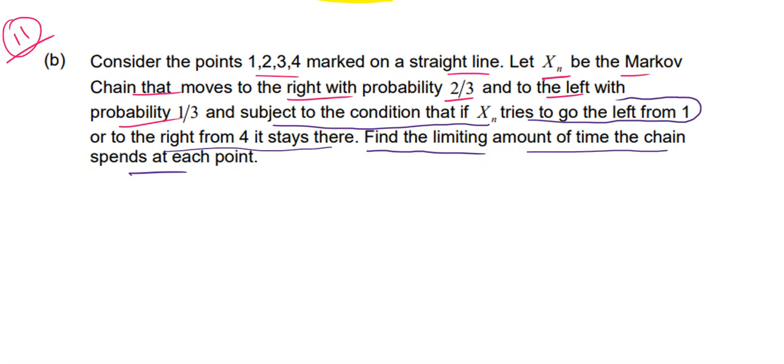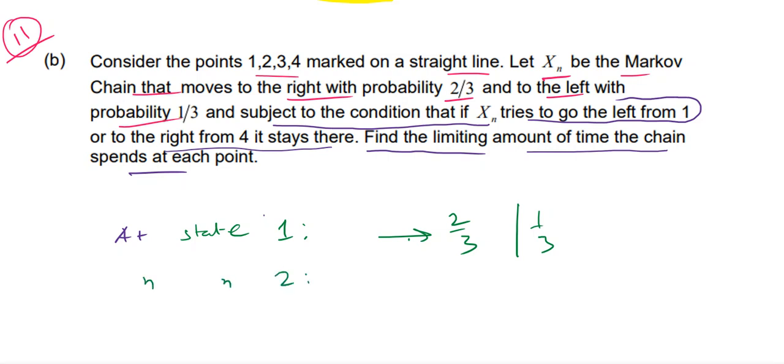So here, defining the transition matrix for the Markov chain, there are a total of 4 states. At state 1, it will move to state 2 on the right with probability 2/3, and stay at state 1 with probability 1/3, since it cannot move left.